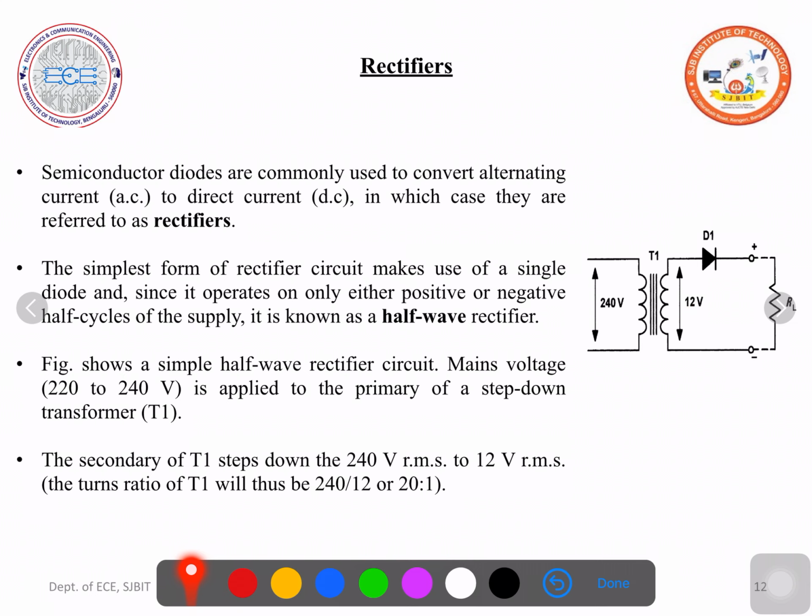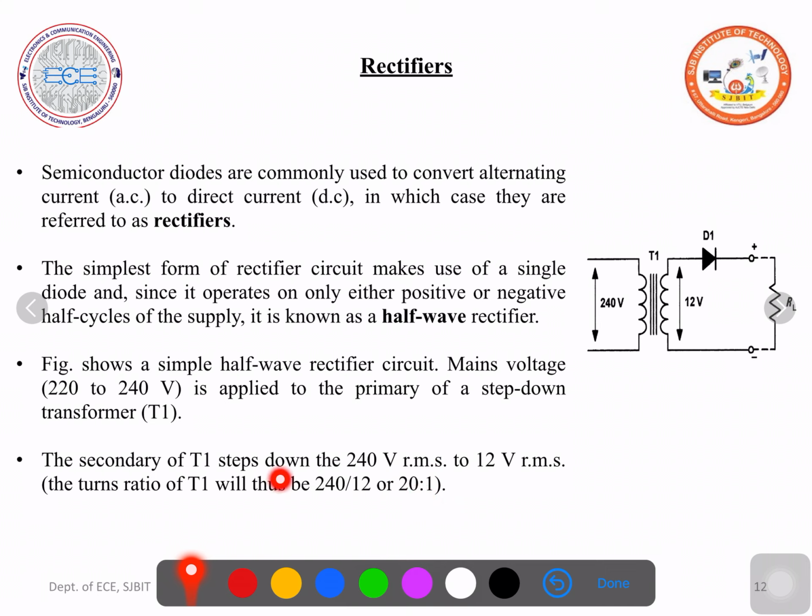So divide 240 volts primary by secondary, you will get 20. So for primary winding of 20, you should have one secondary winding. So if you want 12 volts, when you apply 240 volts to the primary, you should select a transformer whose turns ratio is 20:1.